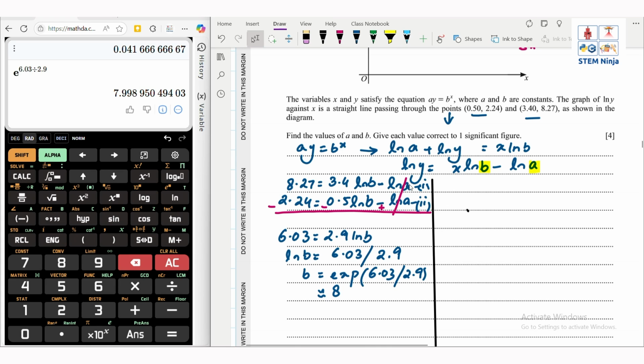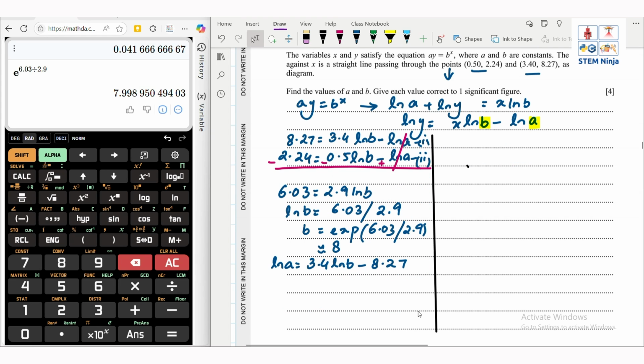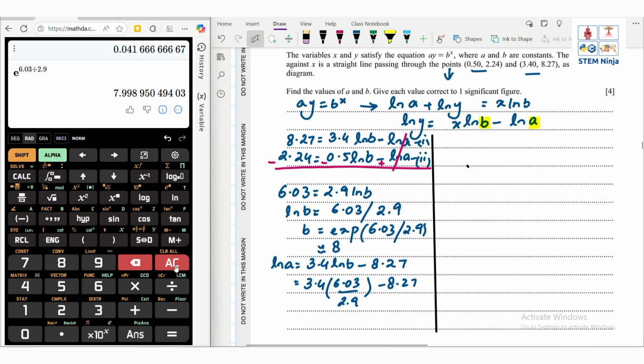For a, we can use either one of these equations. So ln a would be 3.4 ln b minus 8.27. So ln b is basically this value, so 3.4 times 6.03 divided by 2.9 minus 8.27.